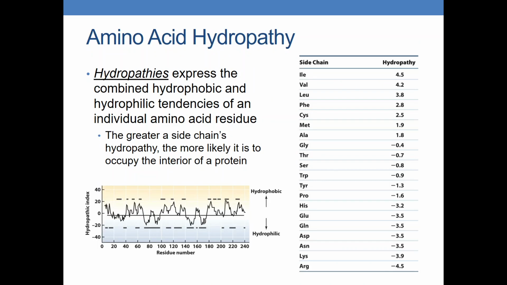Okay, so if the hydrophobic effect is so important, let's talk about that a little bit more. When we look at individual amino acids, every amino acid is generally classified as being nonpolar or polar charged, polar uncharged. We've talked about these classifications. And so what I'm about to tell you should not come as a shock.